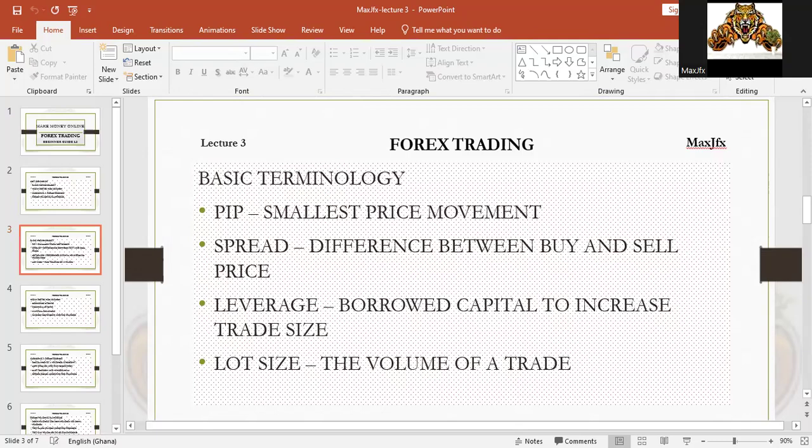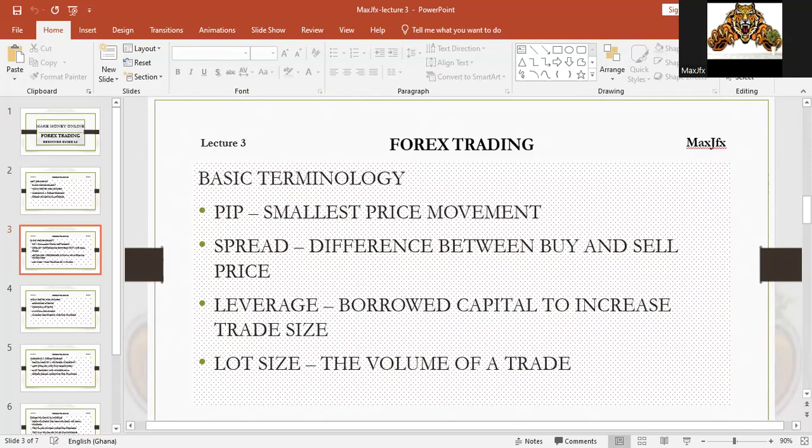So let's say you wanted to buy 10,000 units of euro dollar, but because of the money you have, your money won't support you to have those 10,000 units. You use something called leverage. Leverage gives you an opportunity to hold large trades as if you had the money. But the key thing is that the higher the leverage, the higher the risks, and the lower the leverage, the lower the risks.